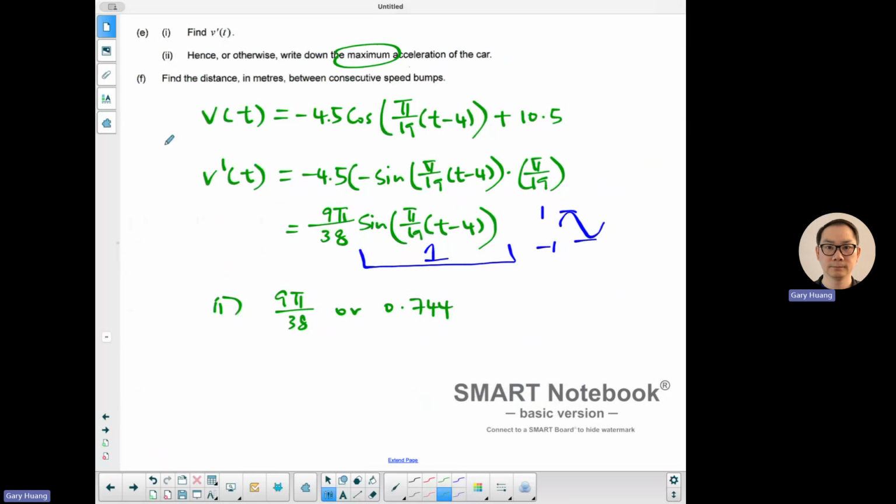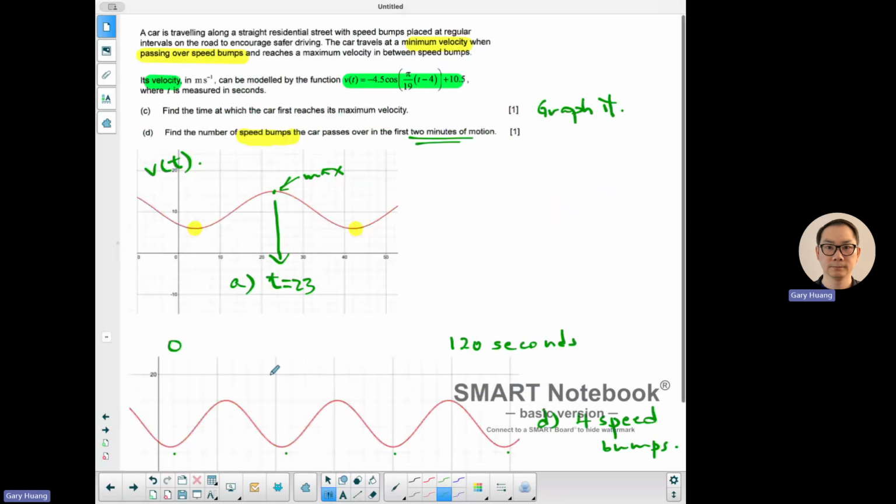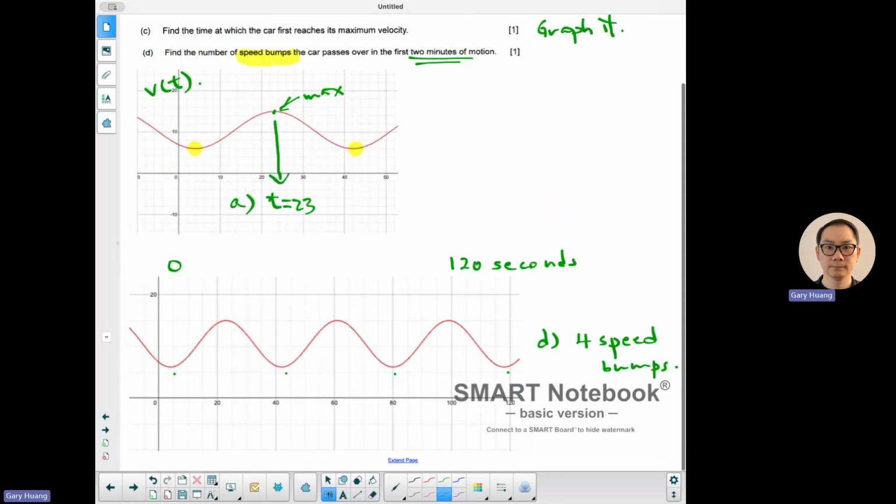Part F of the question, you're asked to find the distance. Well, that's integration. Right? Integration of what? Well, integration of the velocity function, not acceleration, between speed bumps. So we're going to go back here and we're going to look at when the speed bumps happen. So the lowest point here to the lowest point here, and we find the x values.